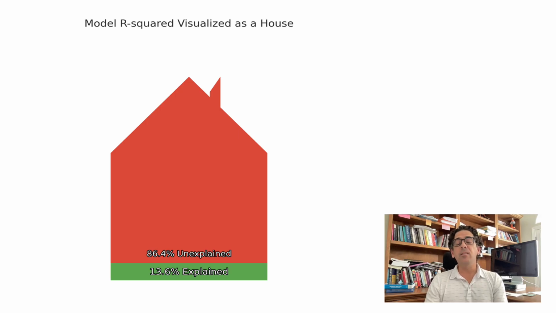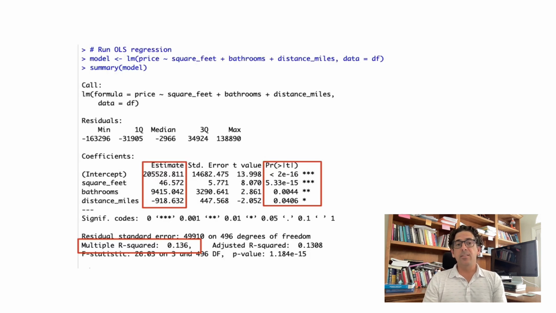That means other variables out there that we haven't measured explain the rest of the variation in home prices. In this example, we've only explained about 13 or 14% of the variation in home prices. So in sum, there are really three things that I look for first when I look at a regression table: the coefficient estimates, the statistical significance of the estimates, and then the R-squared.